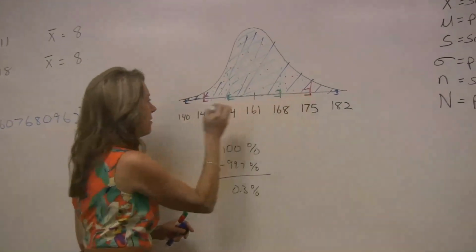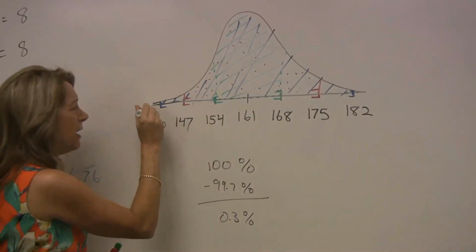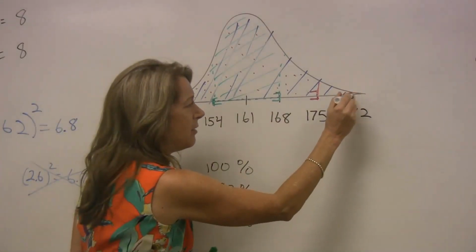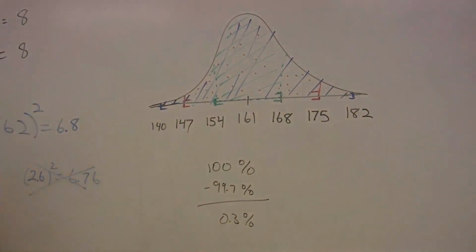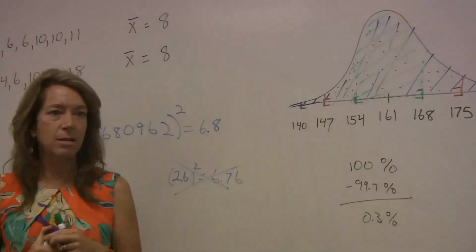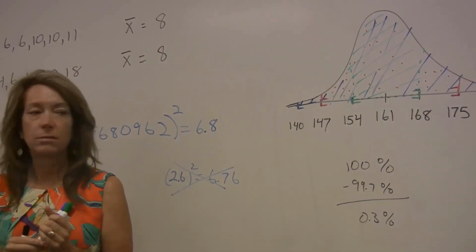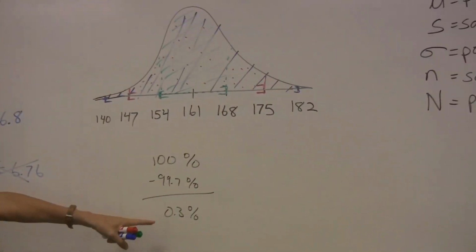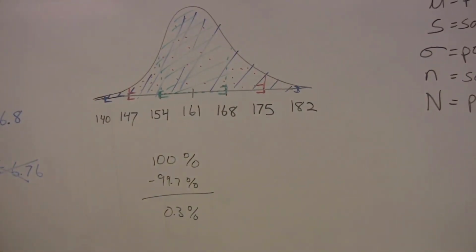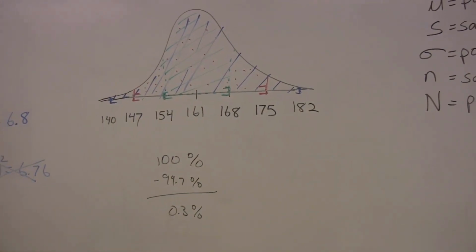These little tails, there's a tiny sliver over here and a tiny sliver over here that you can barely see. In there is 0.3%. A few women, just a few. It's like 3 out of every 1,000 women who are either that tall or that short.